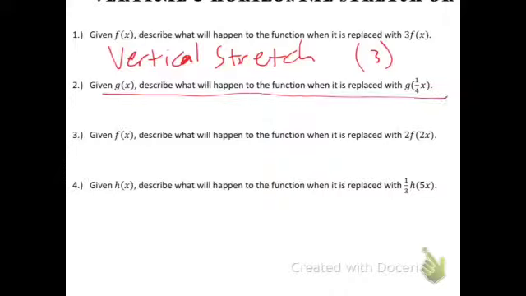G, describe what happened when replaced with 1/4 inside the parenthesis there. If you've got something inside the parenthesis, it kind of does the opposite of what it does on the outside. So if you got 1/4 of x, of all the x values, you're going to have actually a horizontal stretch.